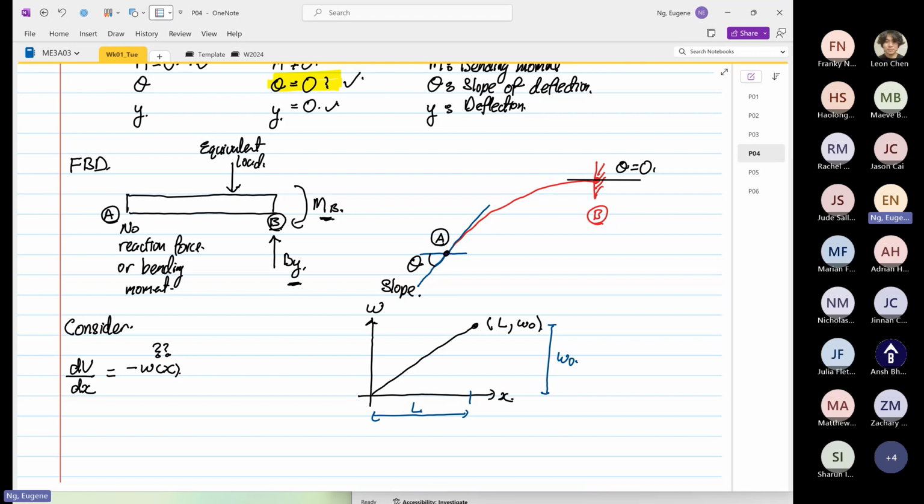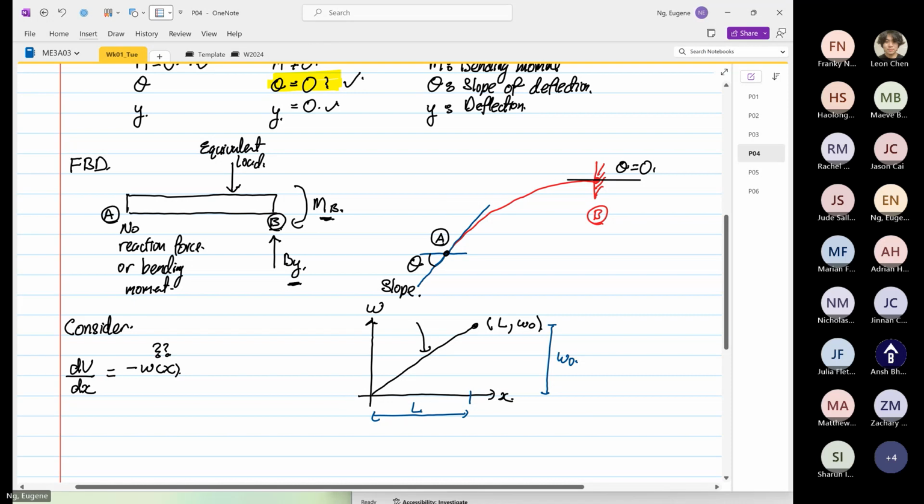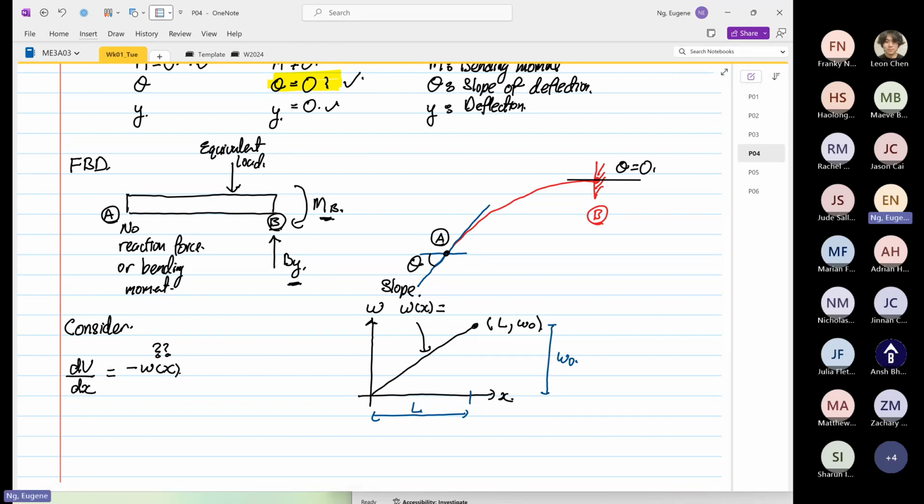So to determine omega as a function of x, this will be equal to omega naught over L multiplied by x. So that is the equation of the slope.